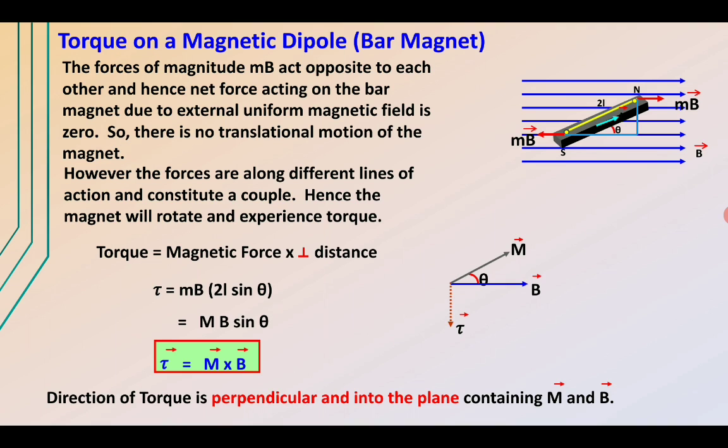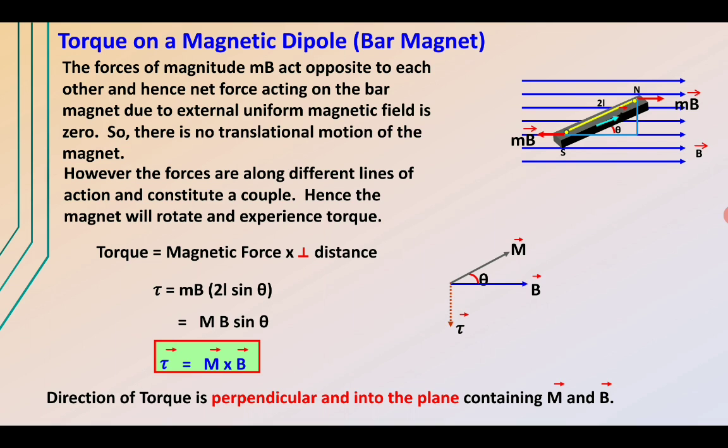From this particular relation we can also define the magnetic dipole moment: if the magnetic field B equals 1 and theta equals 90 degrees, in that case the torque is equal to M. So we can define the magnetic dipole moment as the torque acting on the magnetic dipole placed perpendicular to a uniform field of unit strength.